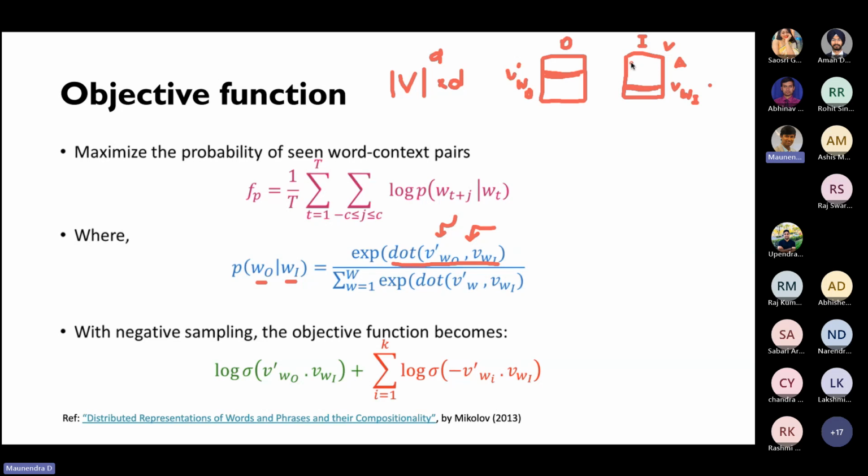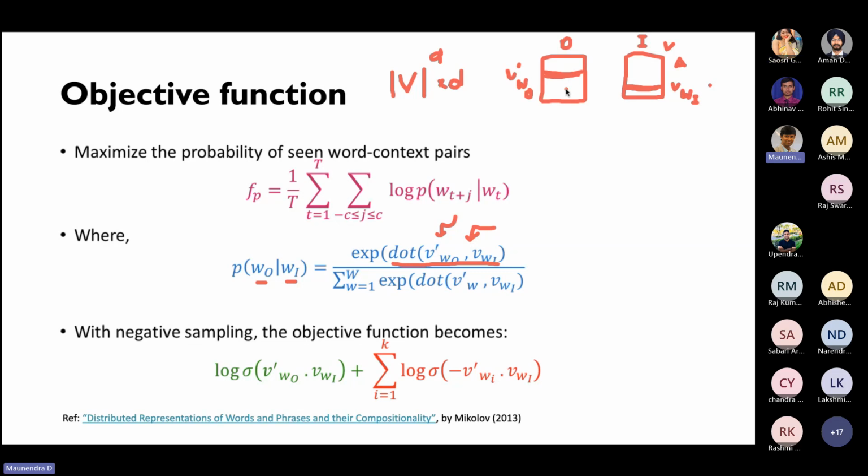This matrix has to be initialized with something, because otherwise these operations we cannot do. We can simply randomly initialize it. We can say each row will have a normal distribution, or each row will be a probability vector, whatever. So we start with a random initialization of the matrices O and I. And as we go along, this learning process will update these matrices.